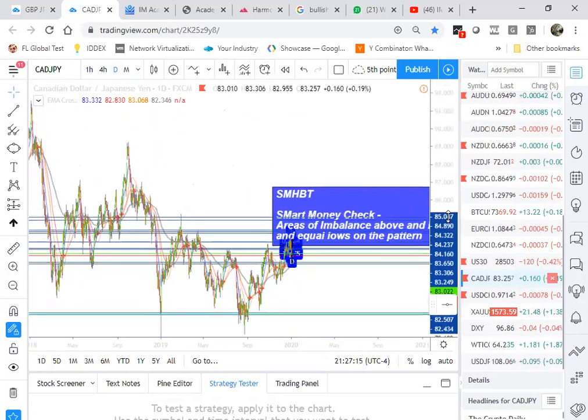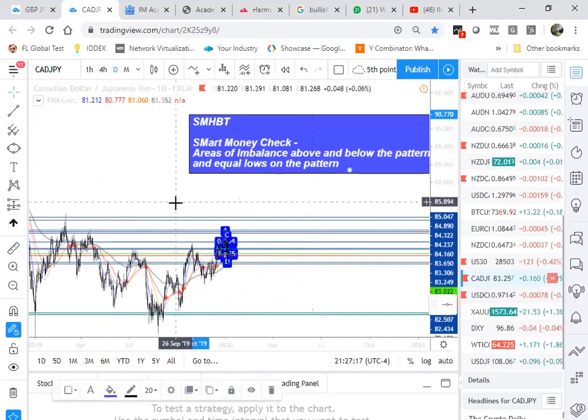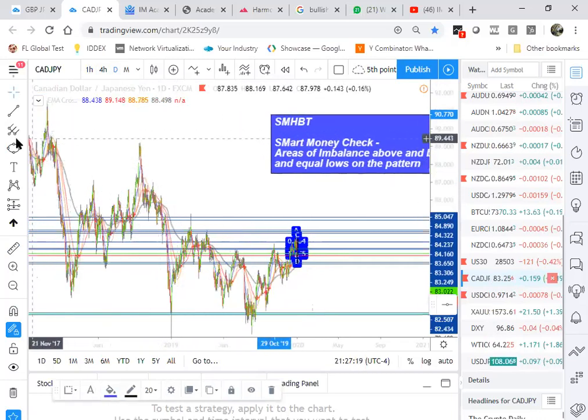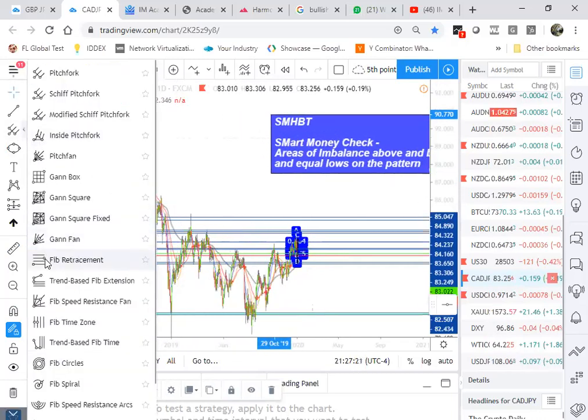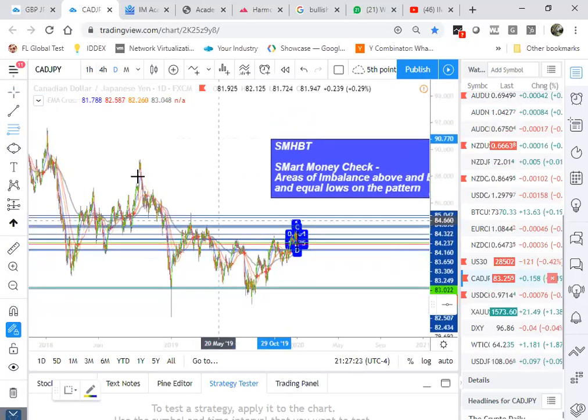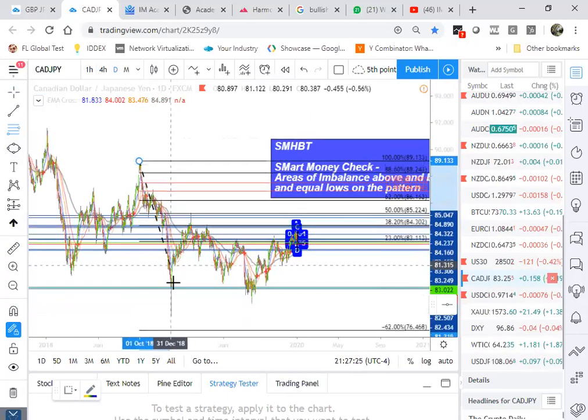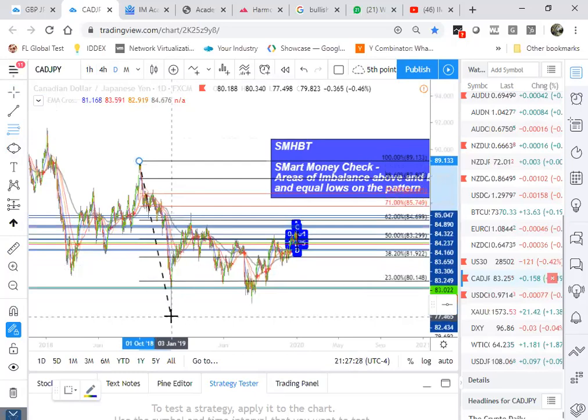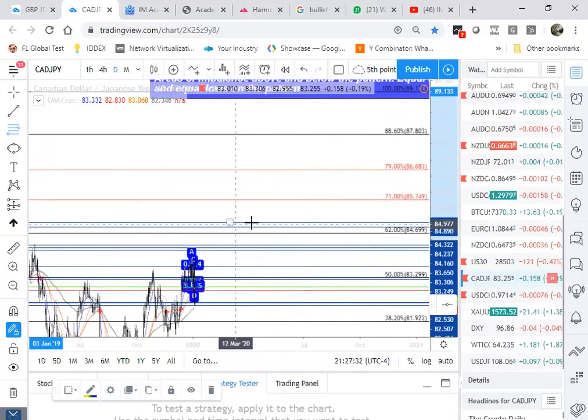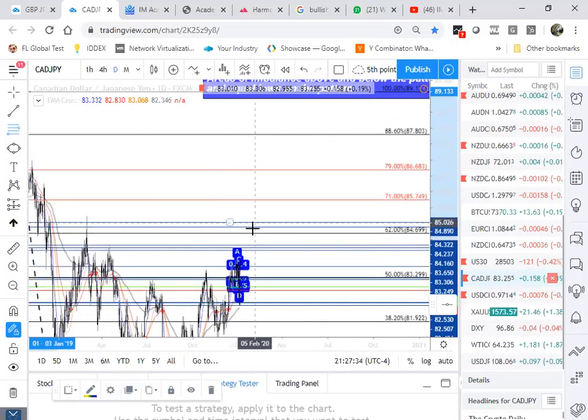So I look for a previous high, like here. I run the Fibonacci, and I see that this area of imbalance is around the 62% area.